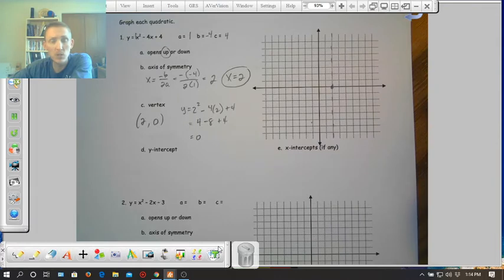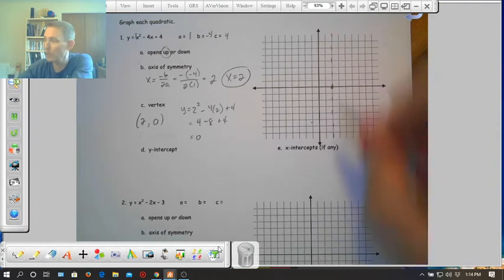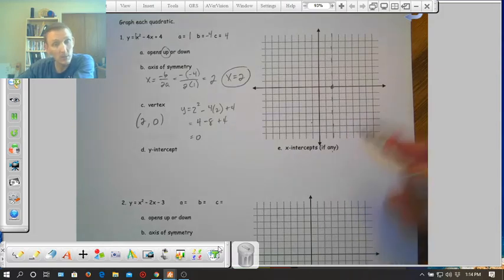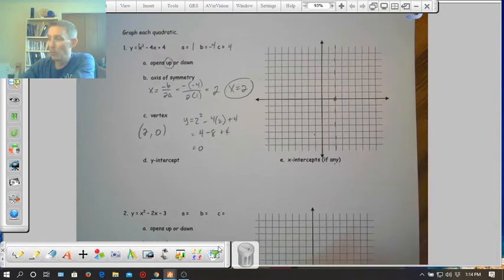Now this is going to be a unique situation. We haven't had this happen before, but the vertex falls on the x-axis. This is going to be significant for what comes up here for the x-intercepts. X-intercepts, if any. Sometimes a parabola might not have an x-intercept. The y and the x-intercepts are now two important pieces. I also have to graph it.